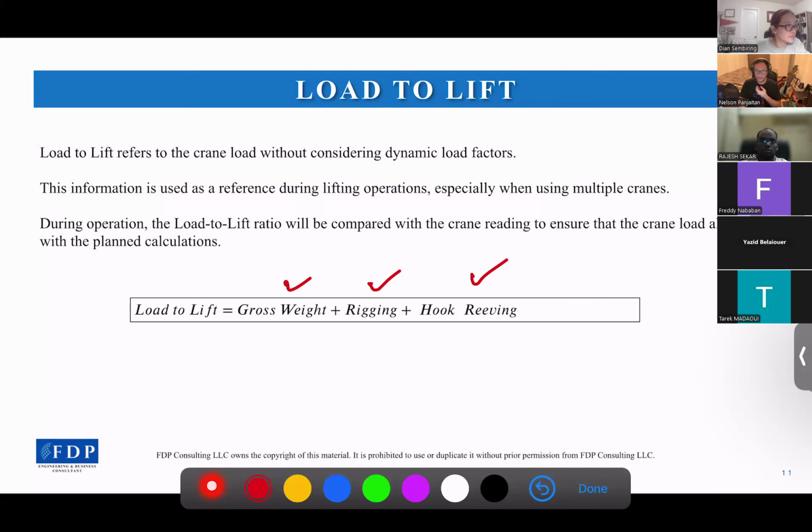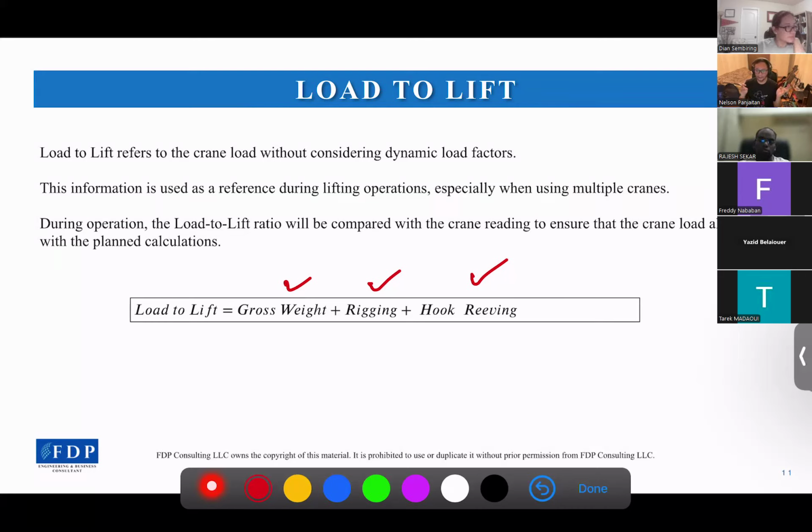This will be very helpful if we are performing multi-crane lifting, especially with 3 or more cranes involved. During operation, the banksman will refer to our load to lift when doing the job. He will use our load to lift to balance each crane's load from 0% until 100% of estimated load.